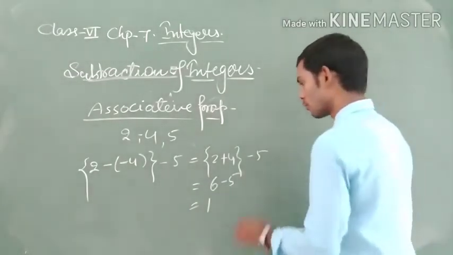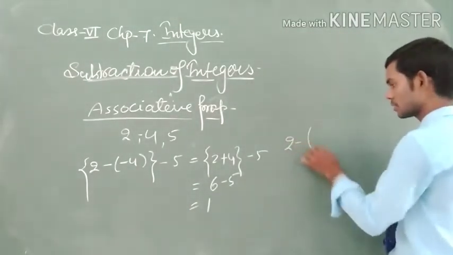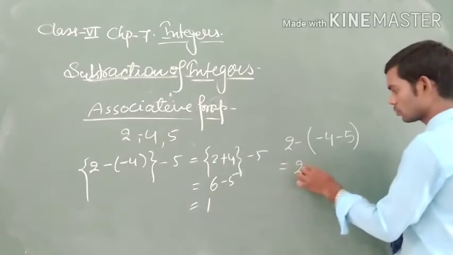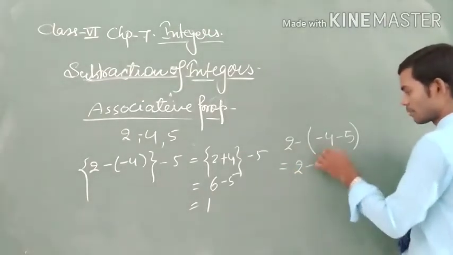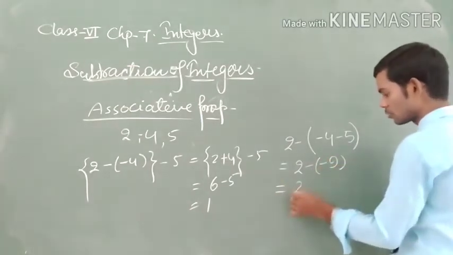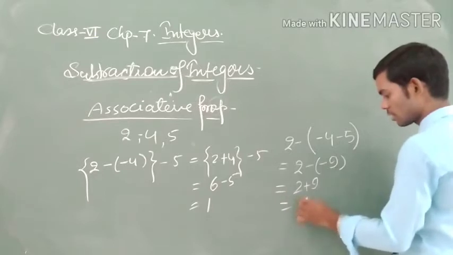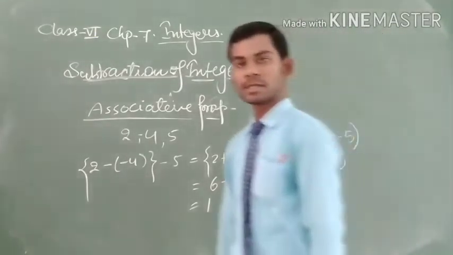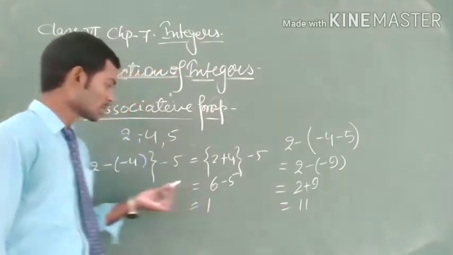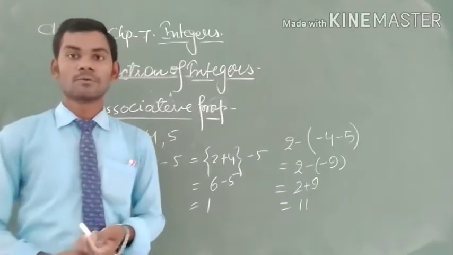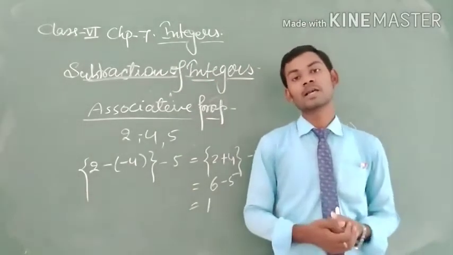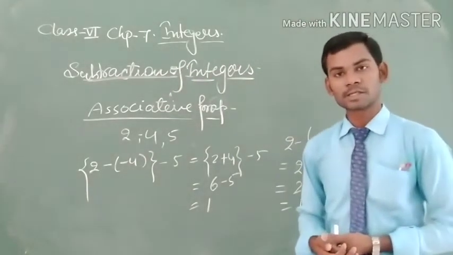In the other case, 2 minus ((minus 4) minus 5), which is 2 minus (minus 9), and here we get 2 plus 9, equal to 11. So the results of both conditions are not the same, which means integers do not satisfy the associative property under subtraction.